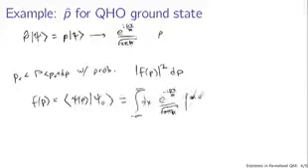It looks something like m omega over pi h bar raised to the 1/4 power times e to the minus m omega over 2 h bar x squared. So I have an integral dx of e to the minus x squared and e to the itx. We've done this problem before. This is computing the Fourier transform, essentially, of your ground state.